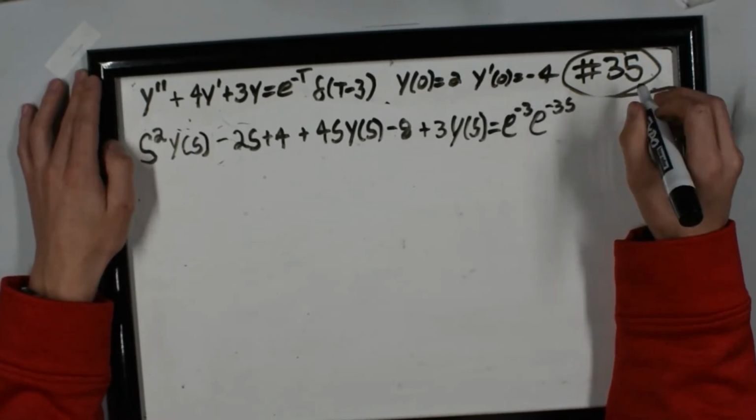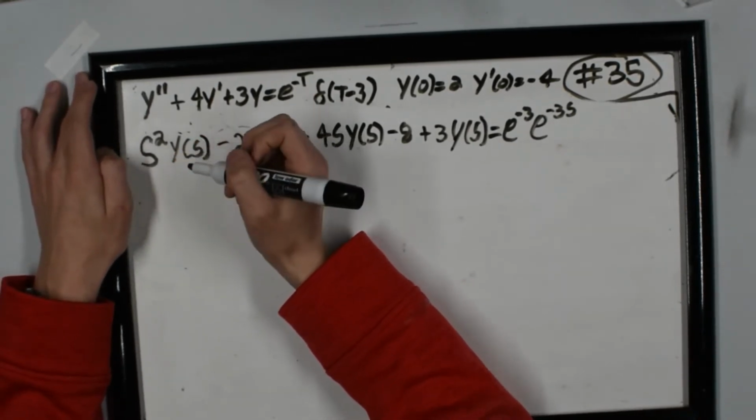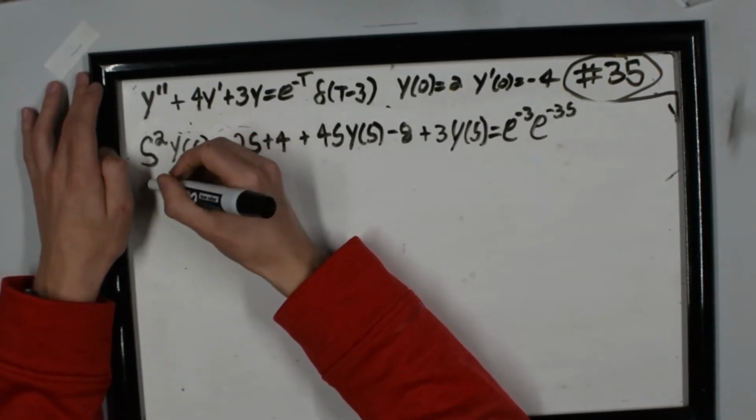First thing you want to do is group the terms with Y(s) on this side, and then add over the terms that don't have it.